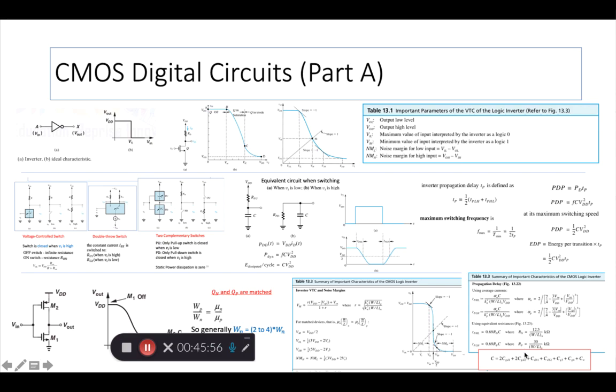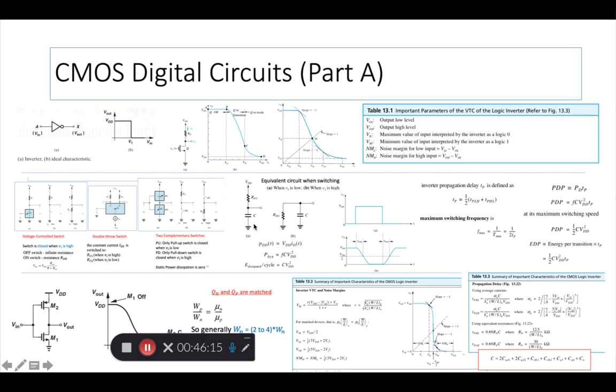And so that capacitance is not a simple number, it's the sum of a lot of other individual capacitances, including internal and external capacitance, wiring capacitance, capacitance gate to body, gate to source. So we did some problems on how to find this capacitance, right?